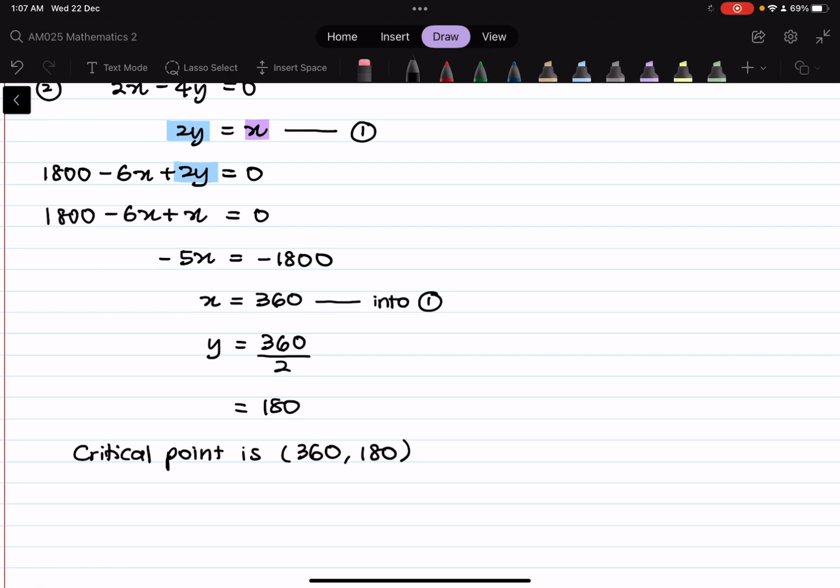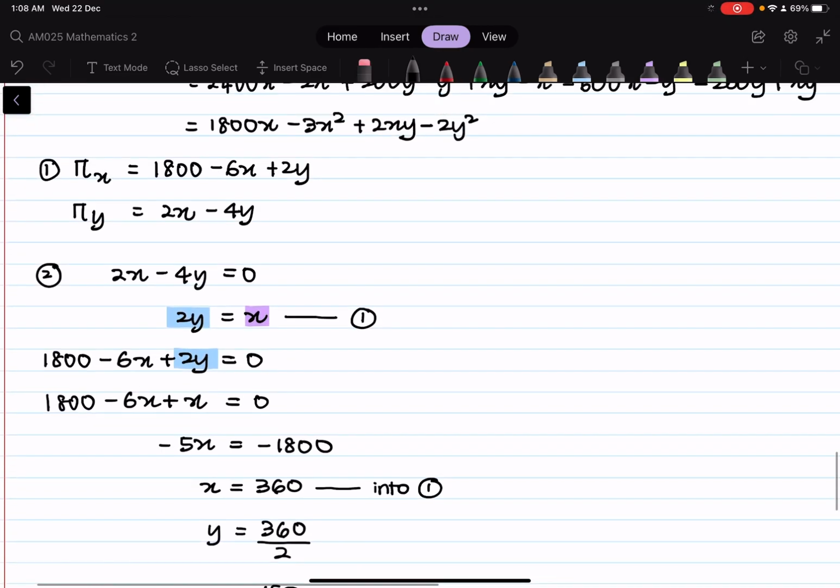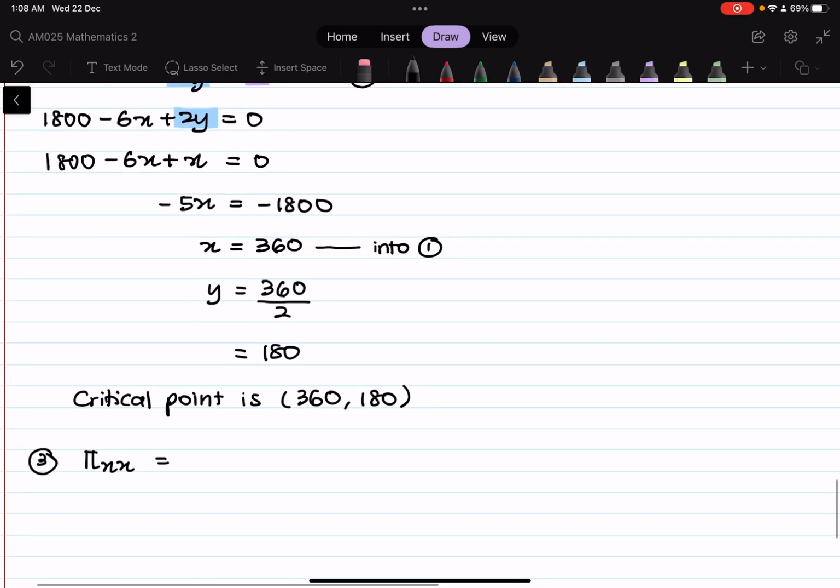The next step is we're going to find the second order partial derivatives. Pi sub xx: differentiate 1800 with respect to x is 0, differentiate negative 6x with respect to x is negative 6, differentiate 2y with respect to x is 0. So this one is negative 6.